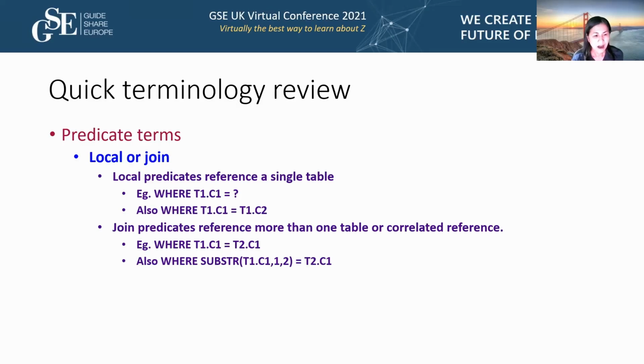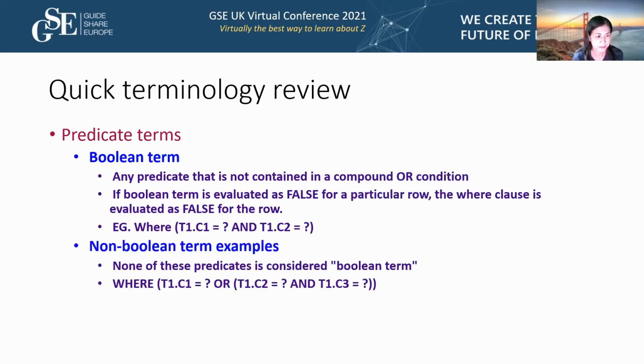Join predicates are predicates that reference more than one table, or they could be a correlated reference. In the first example, we see the predicate references two columns from two different tables. The next example shows a SUBSTR built-in function referencing two columns from two different tables.